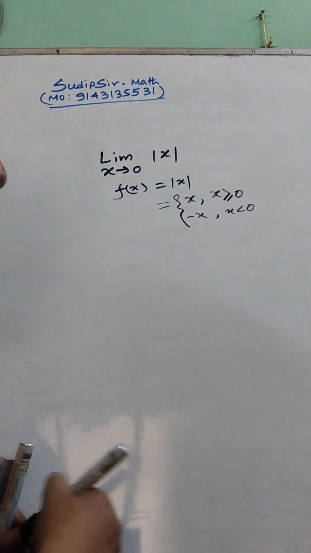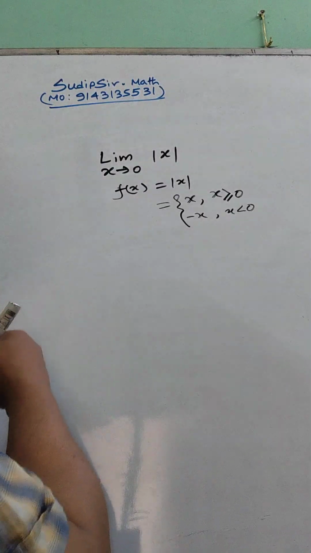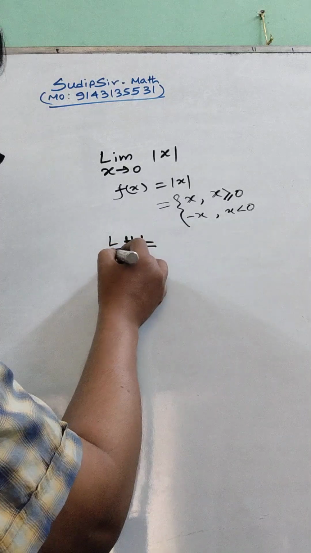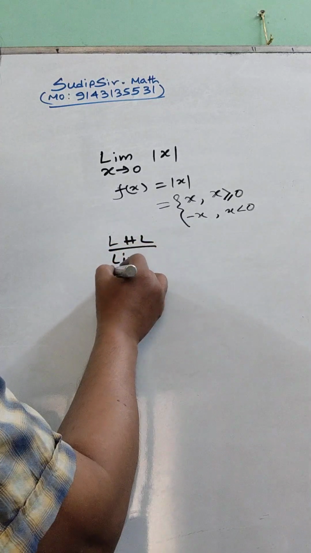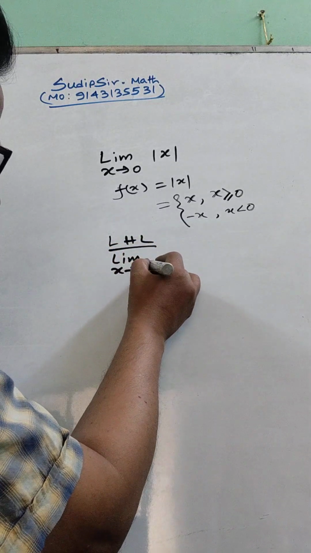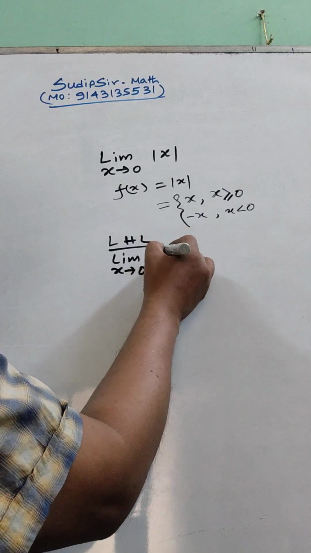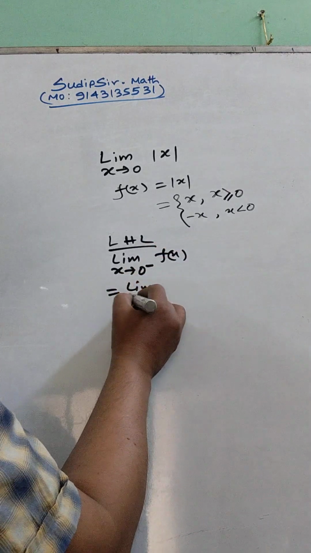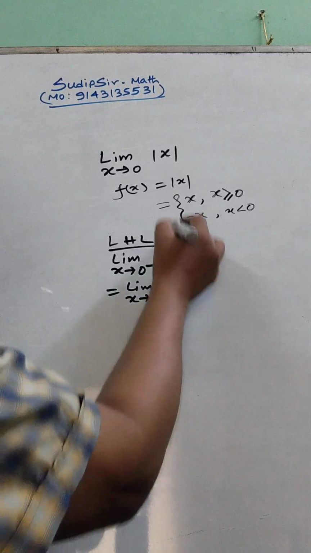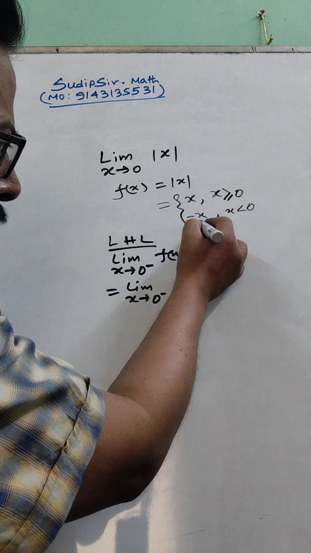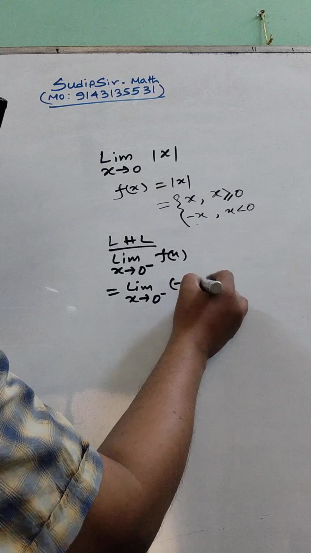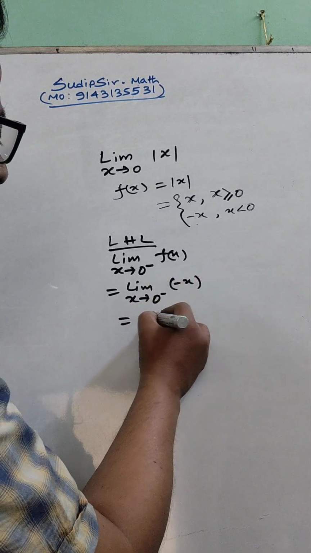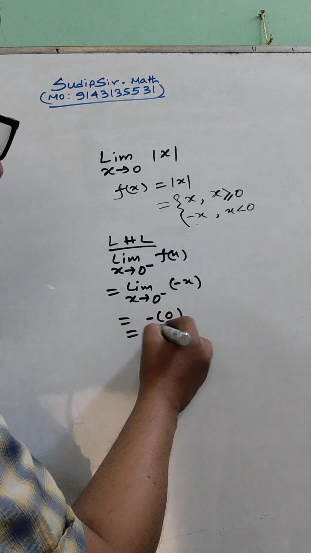Now LHL is limit x tends to 0 minus f(x). In 0 minus, f(x) will be minus x. Now this will be minus of 0, that is 0.